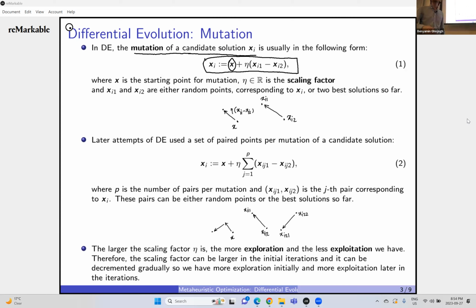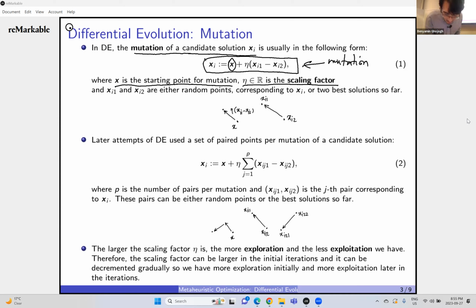And eta is also a hyperparameter, right? Eta is called the scaling factor. And x here is the starting point for mutation, for that xi.